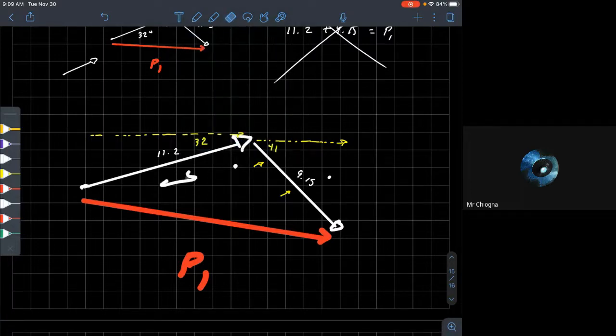That's going to cause confusion. What are the X components? So this one here is 9.15 hypotenuse times the cosine.